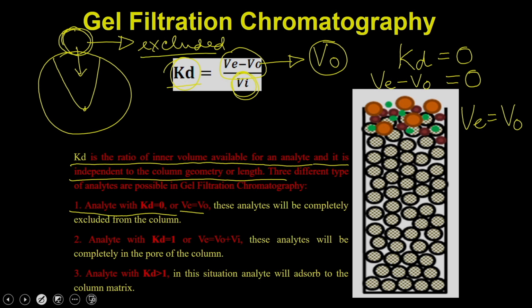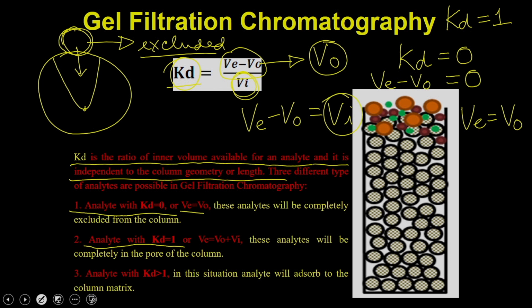Okay. Now, imagine that you have an analyte which has a Kd equivalent to 1. So, if I put the value, what will happen is the Ve minus Vo is going to be equivalent to Vi. So, under what condition could the Ve minus Vo be equivalent to Vi, which means the Ve is equivalent to Vi plus Vo? Okay.